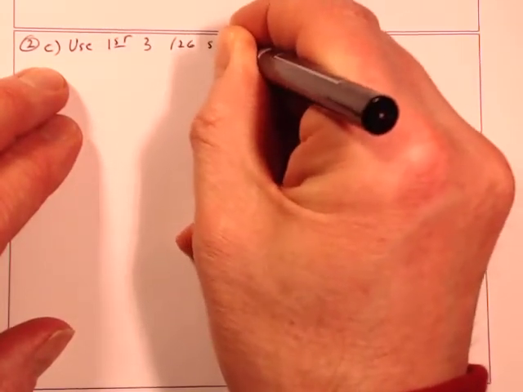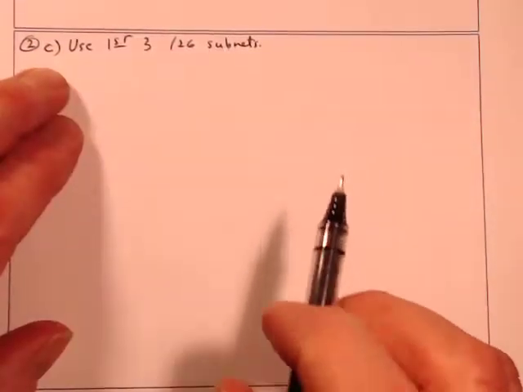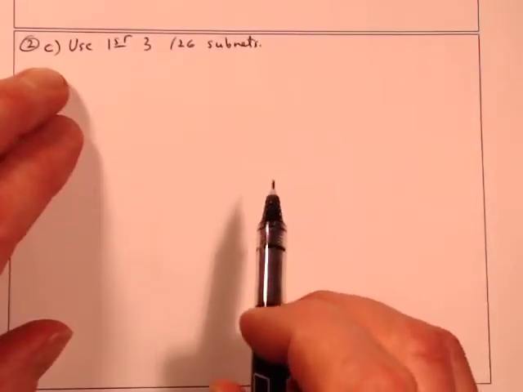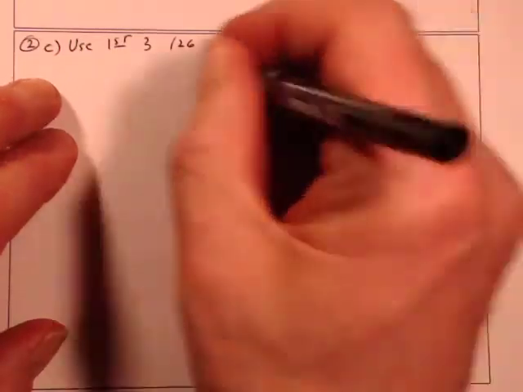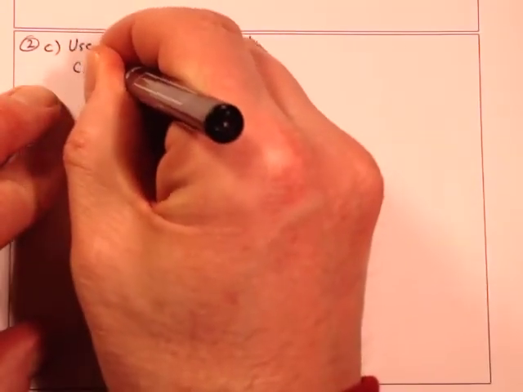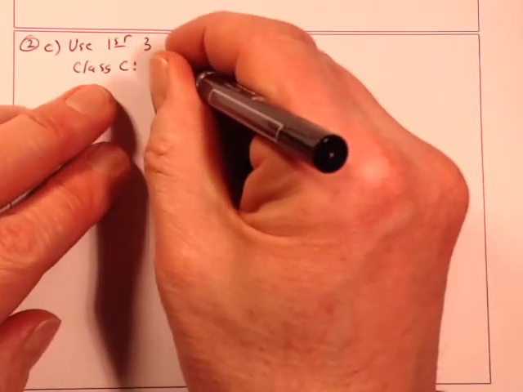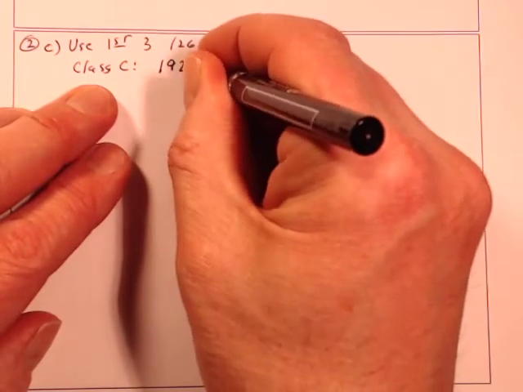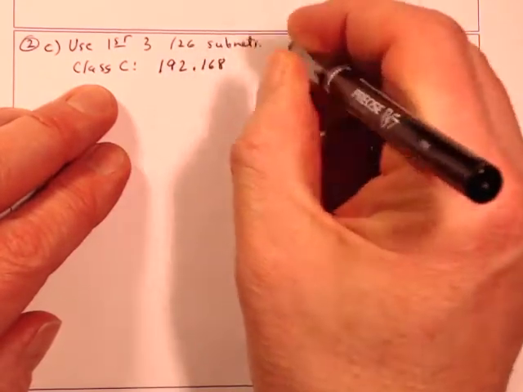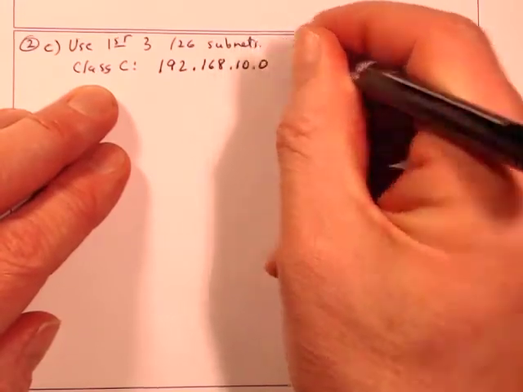/26 subnets of our Class C network. Okay, so this is our Class C private IP address, 192.168.10.0.